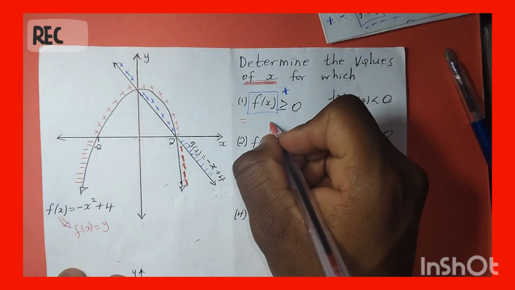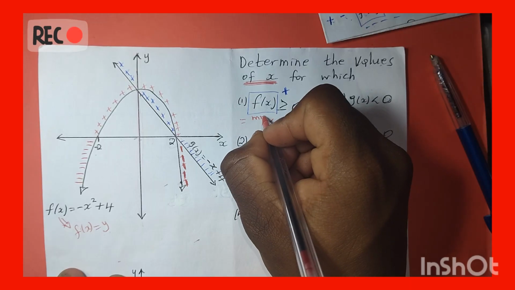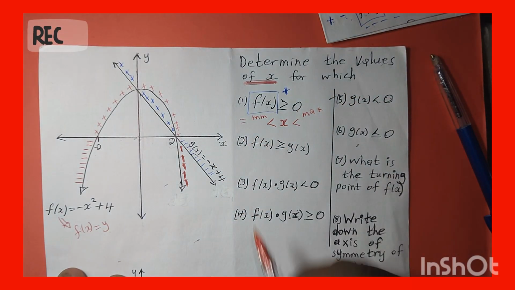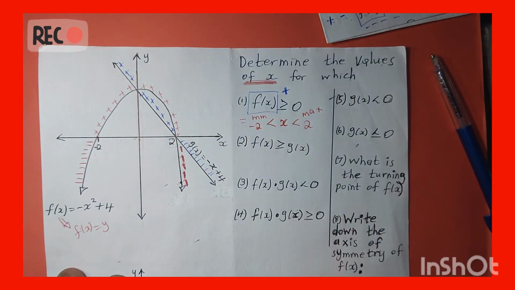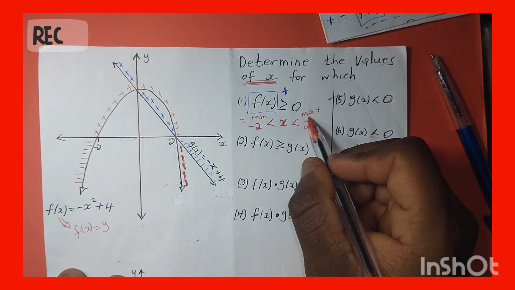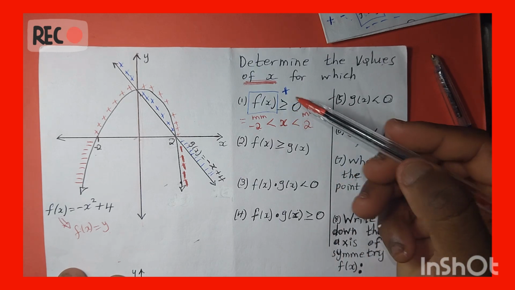So according to the x values, write your minimum and write your maximum. This is how you write something which is between, meaning -2 and here it's +2. Between -2 and 2, that graph will be positive.